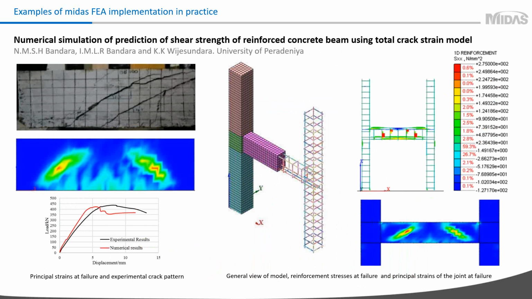For shear retention, he used a trilinear stress-shear strain diagram, and this model in Midas FEA allowed him to correctly predict the shear failure and location of cracks. You can see it from the comparison with the experimental test on the slide.